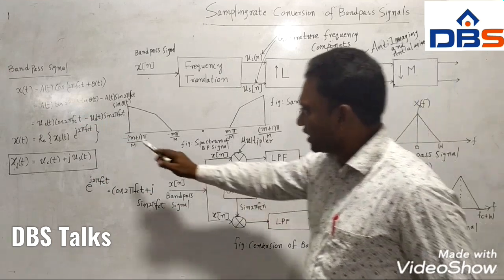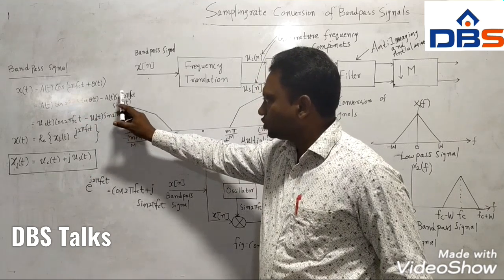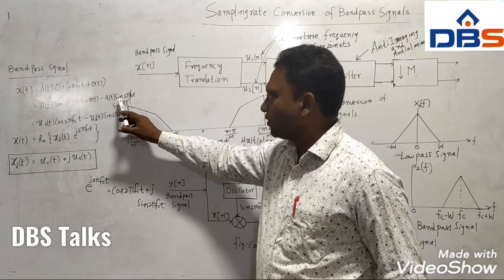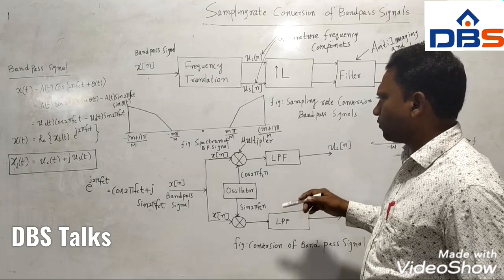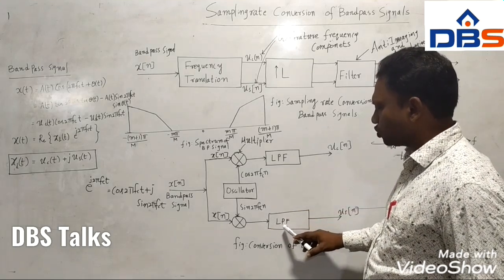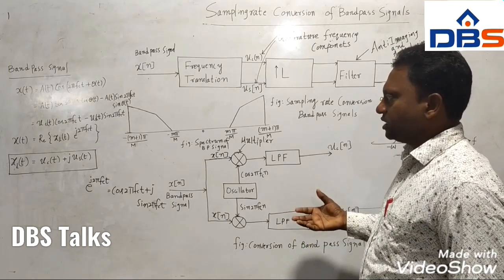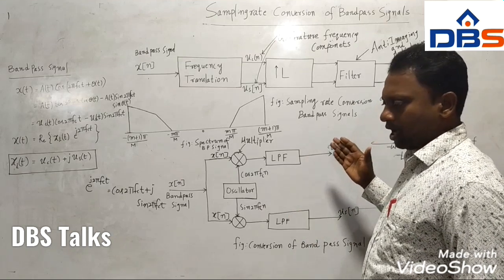In the same way for the second term, Us(t), sin 2 pi fc t sin theta(t), converting into A plus B forms gives one high frequency component and one low frequency component, and you can remove the high frequency component using the low pass filter. Like this, we can remove the unwanted signals or high frequency signals which are centered about higher values.